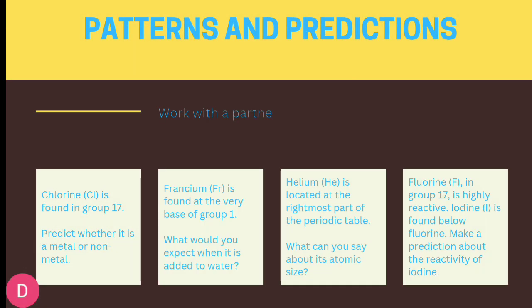Patterns and predictions. Work with a partner to answer the prompt on each card using what you have learned in the lesson. For example, chlorine is found in group 17. Predict whether it is a metal or non-metal.